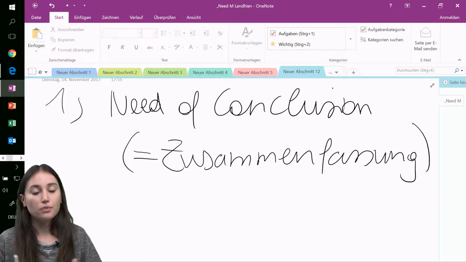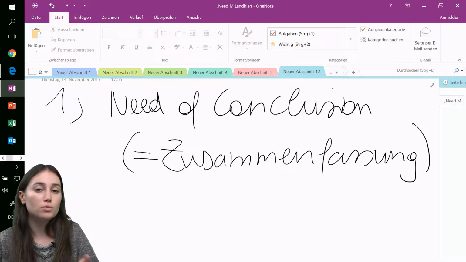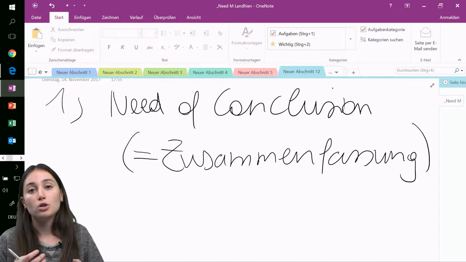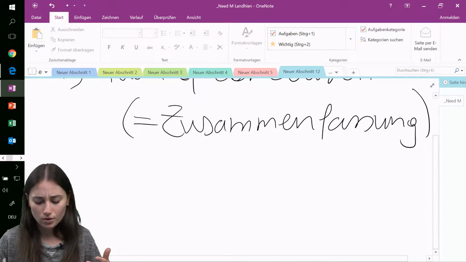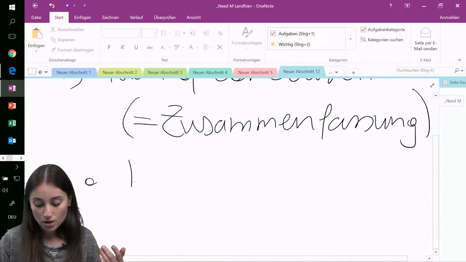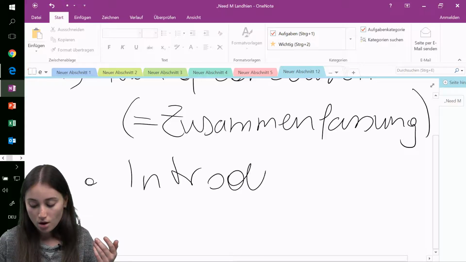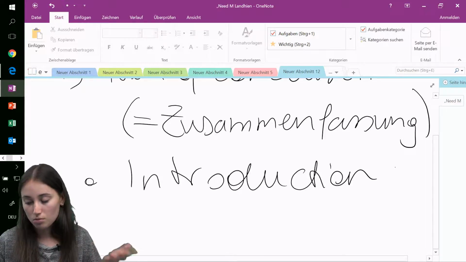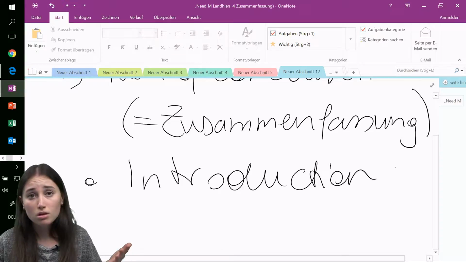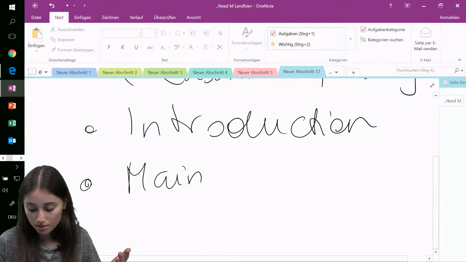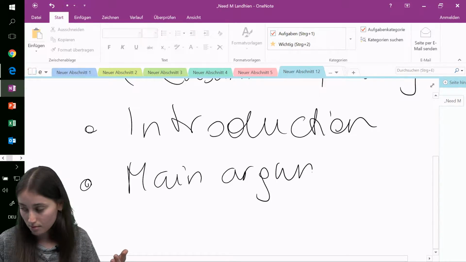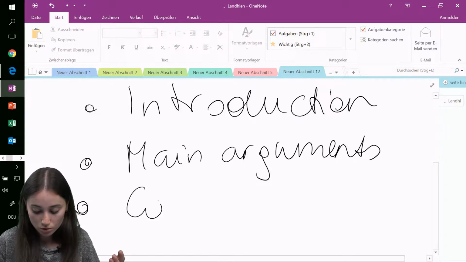For example, you're in your Matura exam in English, and you have prepared well, and first you give an introduction, which is basically about what your topic is going to be about. Then you have your main part or your main arguments. And then you have your conclusion.